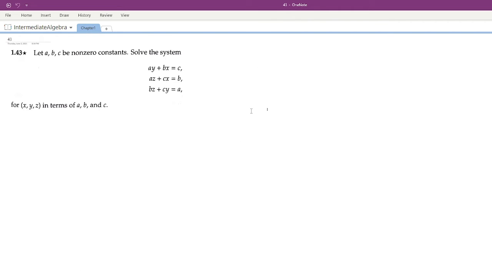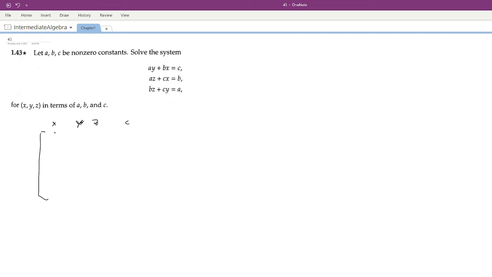So question number 43 is, let a, b, c be non-zero constants. We want to solve this equation, okay? So what I want to do is use the Gauss elimination process with a matrix, okay? So we have y, z, right?